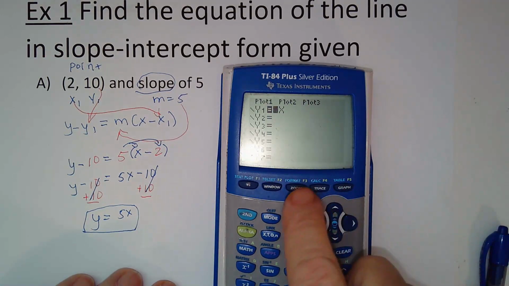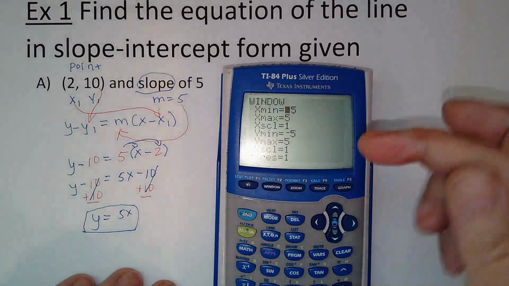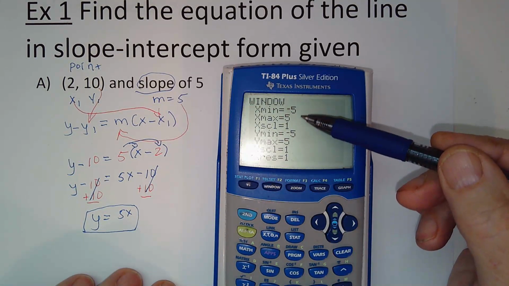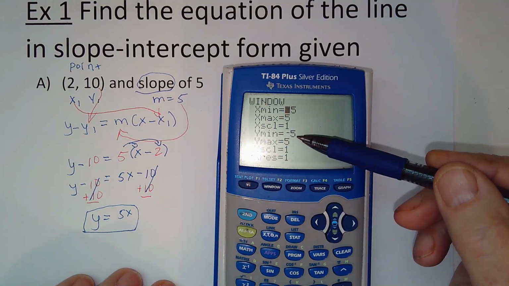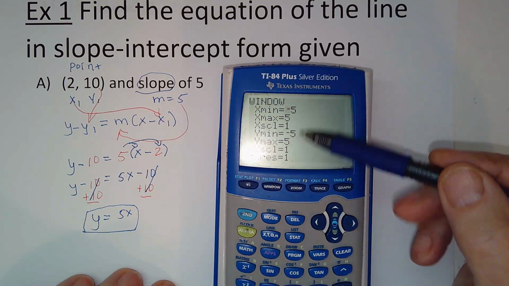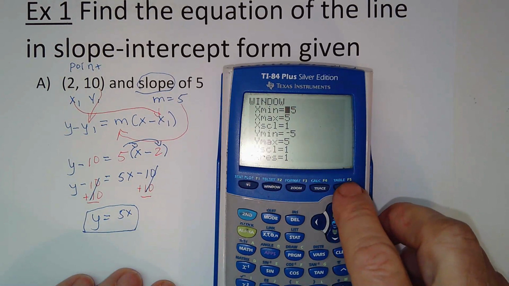So I'm going to go to my window here, and what I've done is I've changed the X minimum to -5 and its maximum to 5. And I also changed the Y minimum to -5 and its max to 5. And so by doing that, I will get a fairly zoomed in screen. All right. So I'm going to press graph.